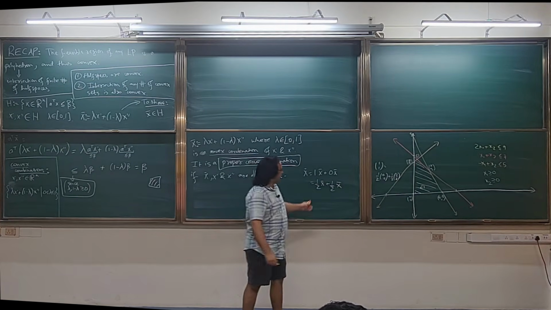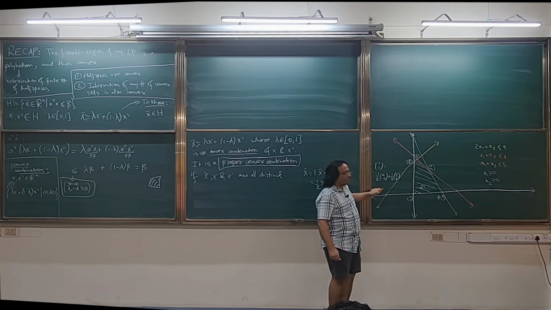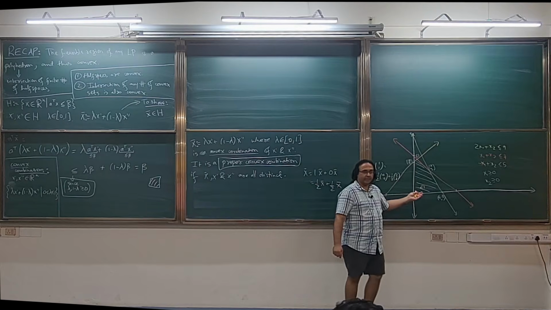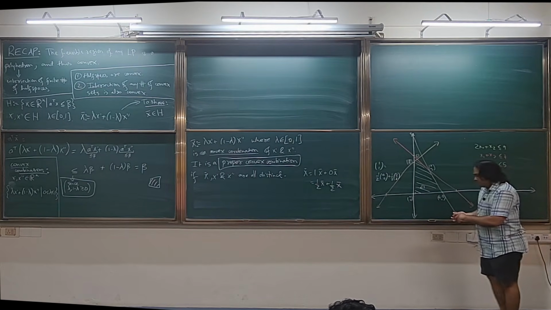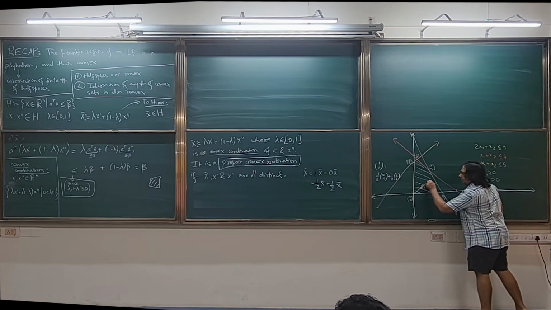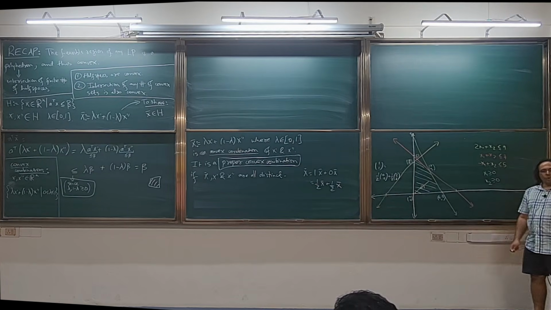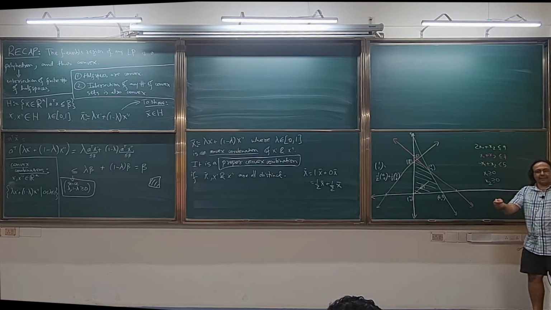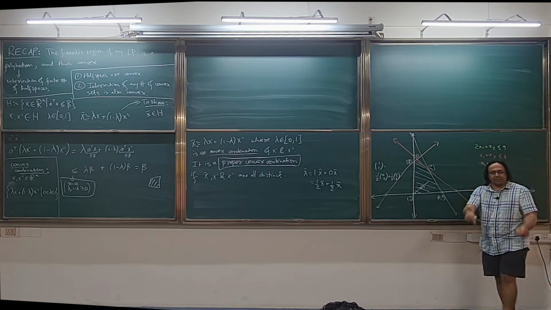So this 1, 1 is a proper convex combination of the other 2 points, which basically means that it lies on the line segment joining the other 2 points. Not at the end of the line segment, but as an interior point of that line segment.